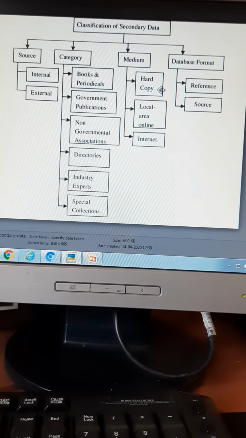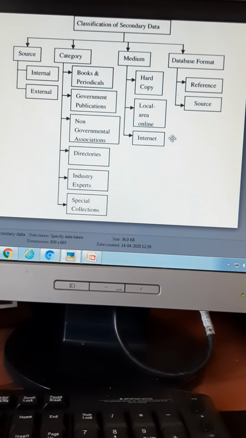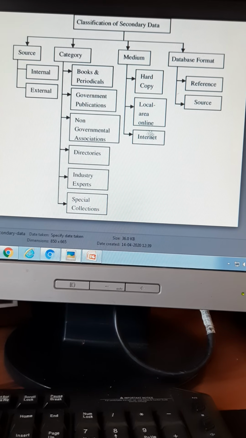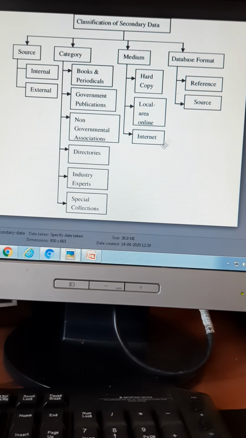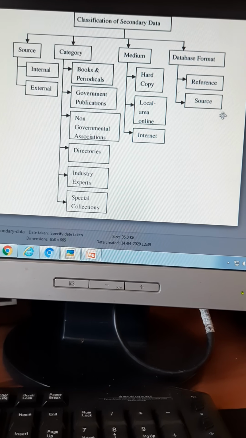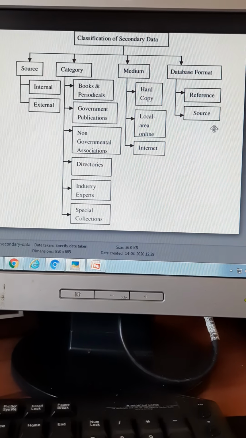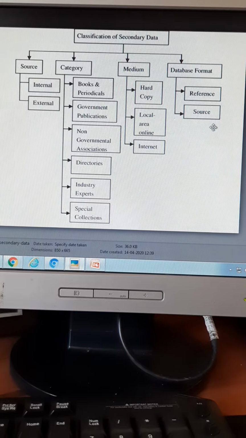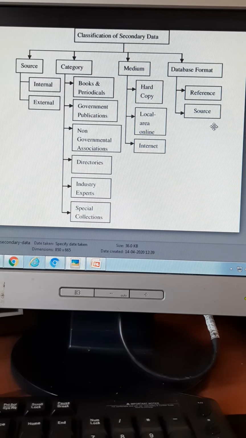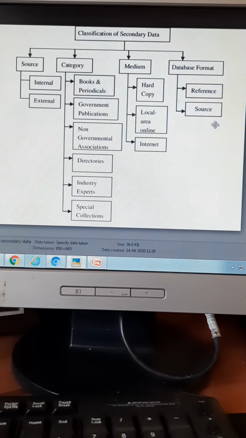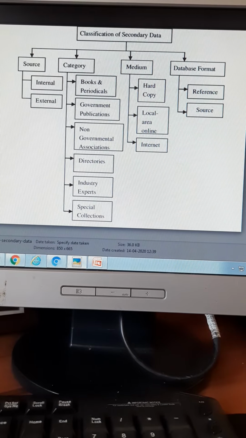Media: hard copy, which is what was written as print there. Local, online, internet again. Database, references and source. You have ProQuest, so many databases. Okay, so that's another source of secondary data.